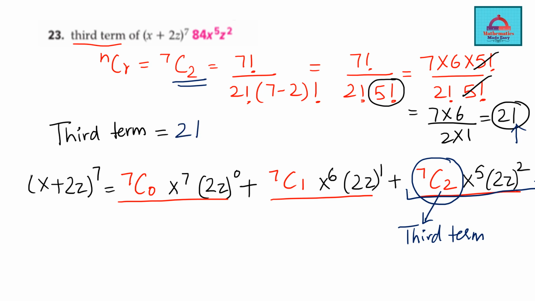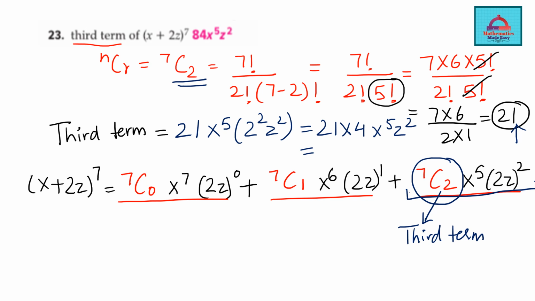So the third term is going to be 21, and you have x to the power 5, and now (2z) whole to the power 2. So I can write 2 square z square. Now 2 square is 4. Multiply 4 with 21. So this is 21 multiplied with 4, x to the power 5, z to the power 2.